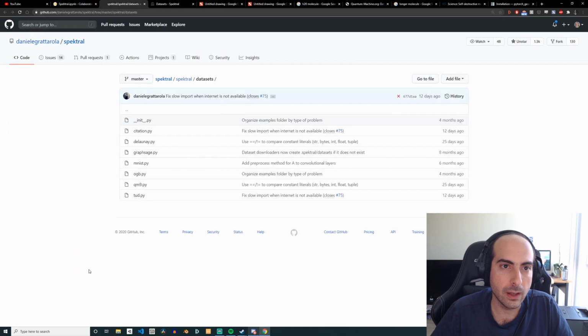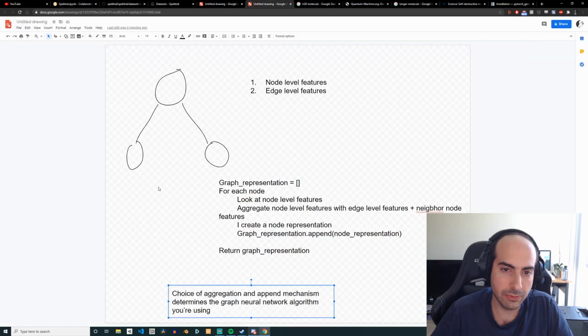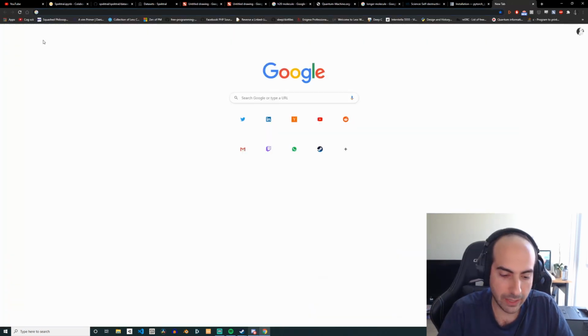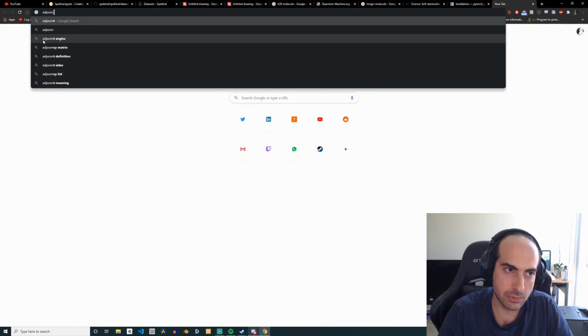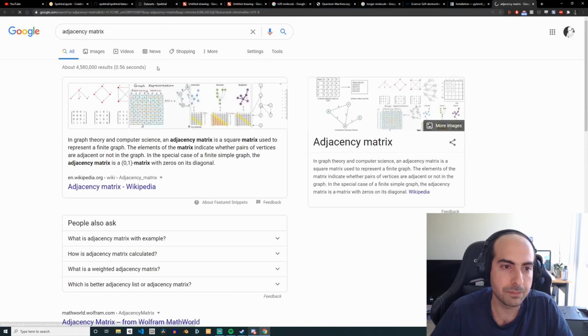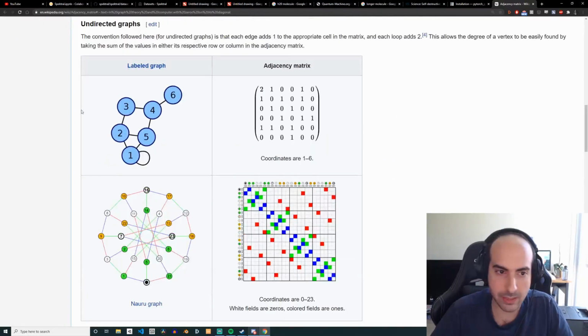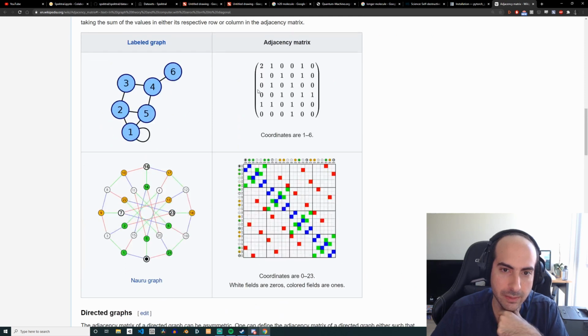Typically, if you have a graph, computers don't understand these sort of 3D graphs. The way we work with graphs in computer science is typically in a format called the adjacency matrix. The adjacency matrix is just a way to represent a graph as a matrix. You can think of it as each node or column mapping to an edge, and then each edge will also have some ID.